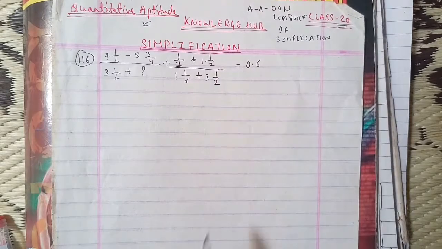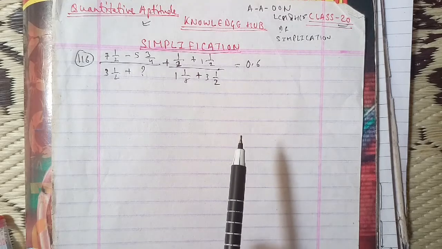The options for this are 4 1/3, 4 1/2, 4 2/3, and none of these.